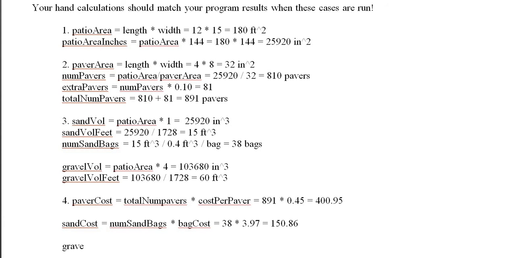Next is our gravel cost. That equals the number of... oh, we need to calculate number of scoops. I forgot to do that. Darn it. Okay, let's go back up here.